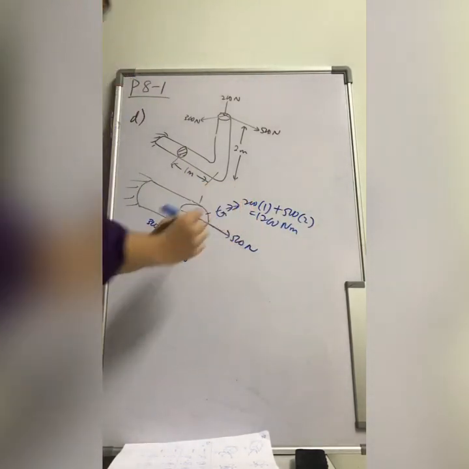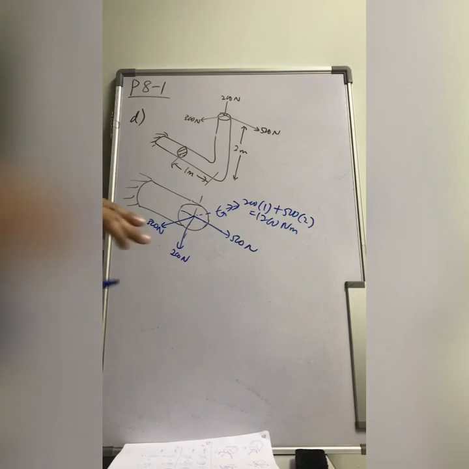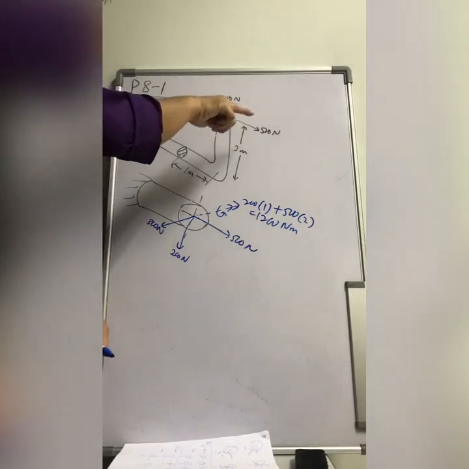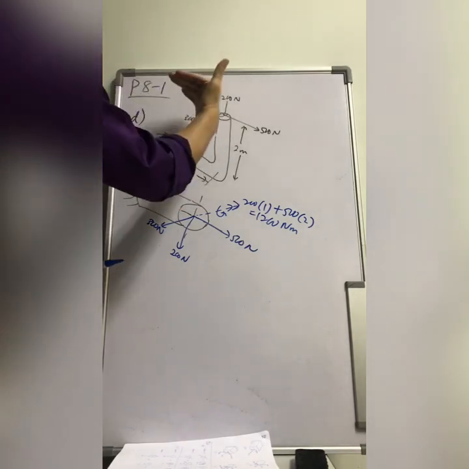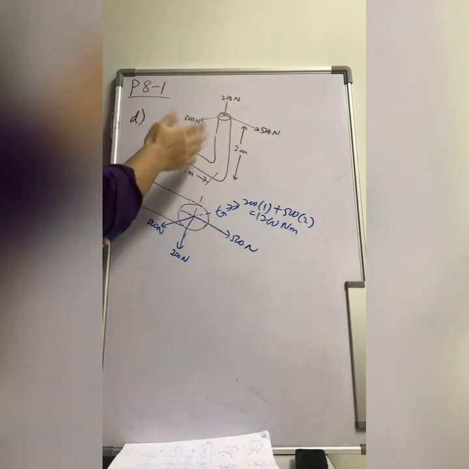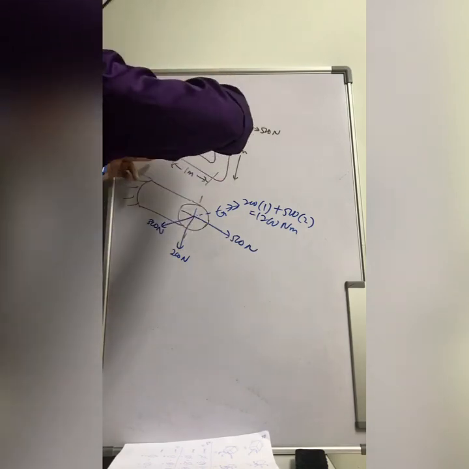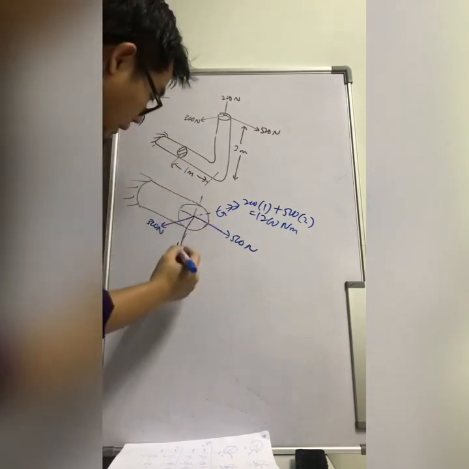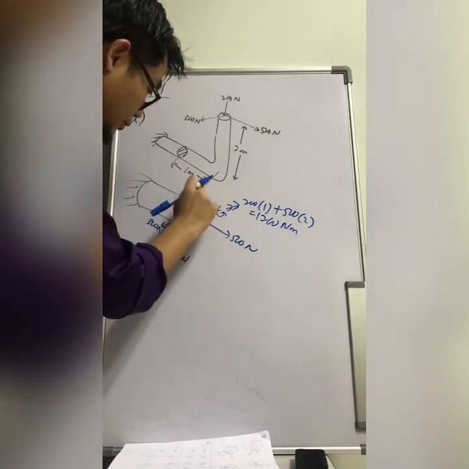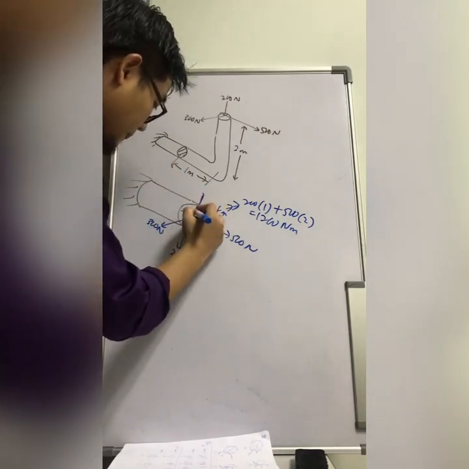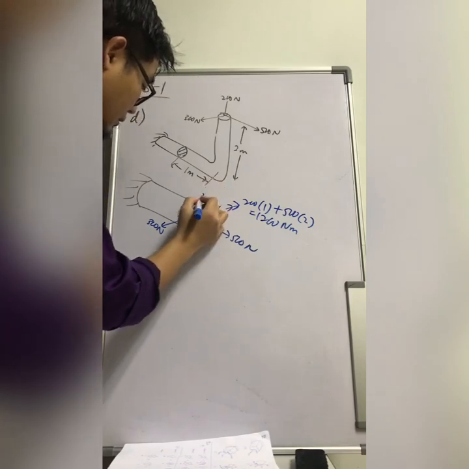Right? Okay, what else do you have? You have this 500 Newton, this 300 Newton, okay, with what? The first one is with 1 meter here, right? Going down. Same with this 200 Newton load. The direction, I mean, okay? Going down.